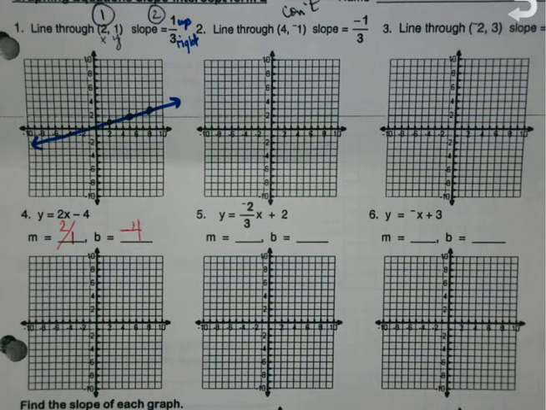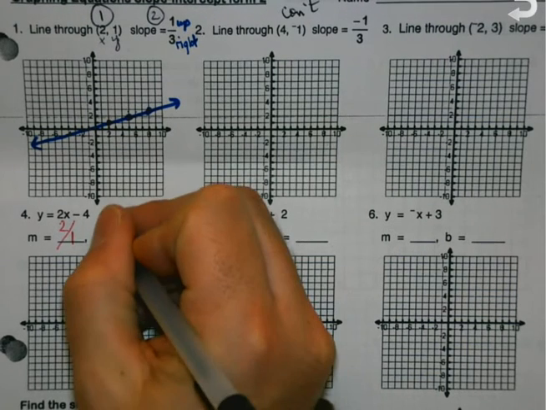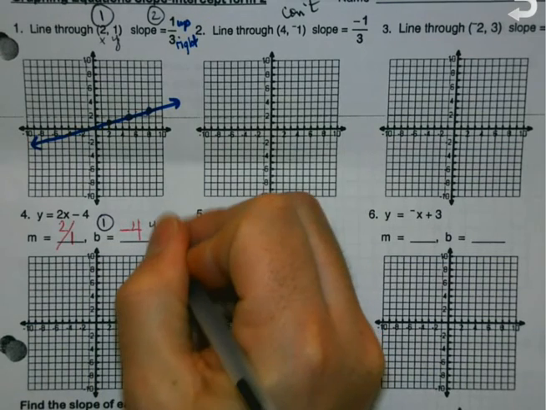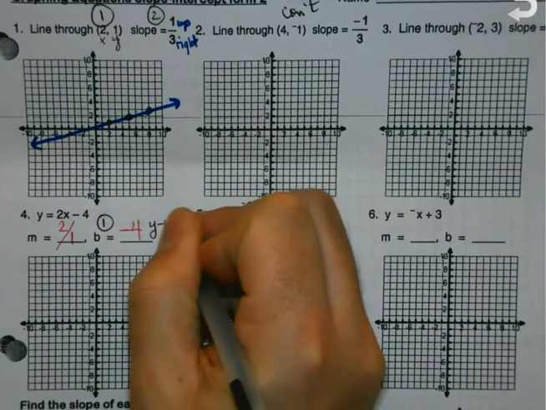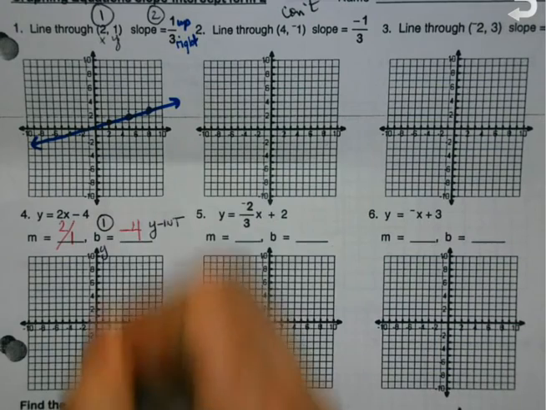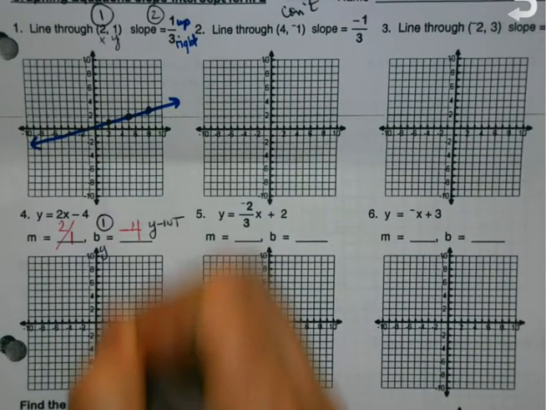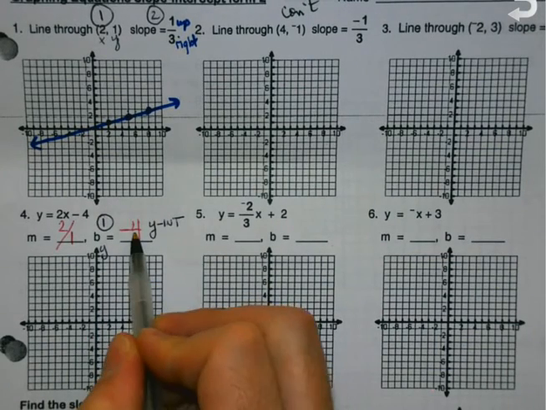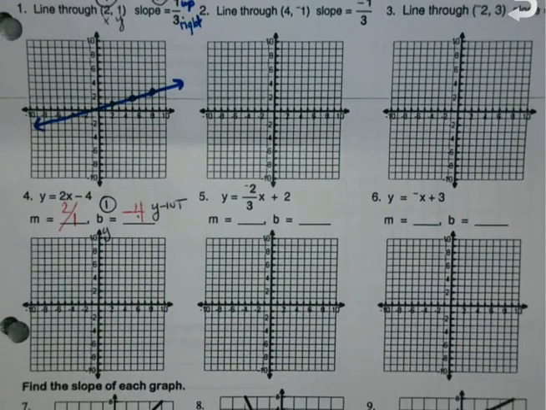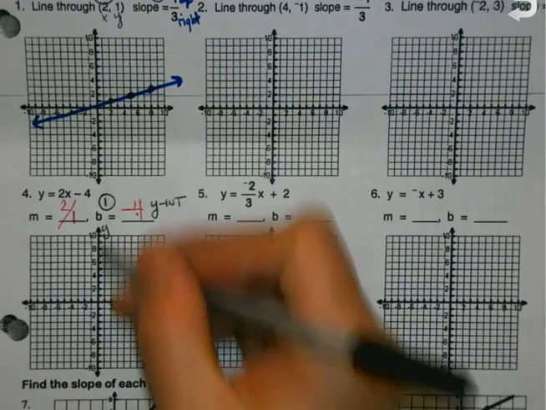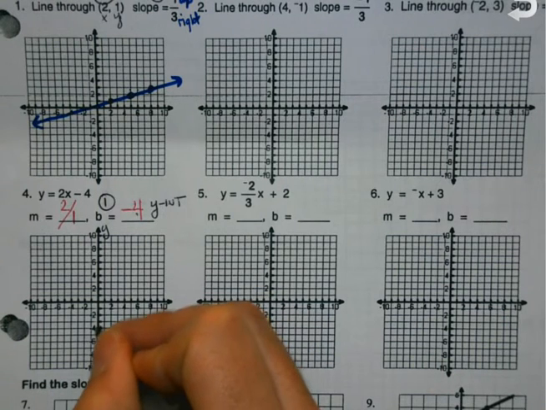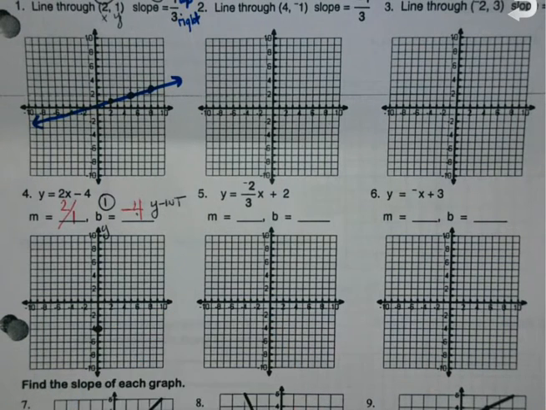So when I get to this situation, my first job is to plot the b, my y-intercept. And again, my y-axis is this one that goes up and down. So I'll plot a point on it first. If it's at -4, which direction am I going to go? If it's on the y-axis, you've got to go down. Put a nice big dot there.